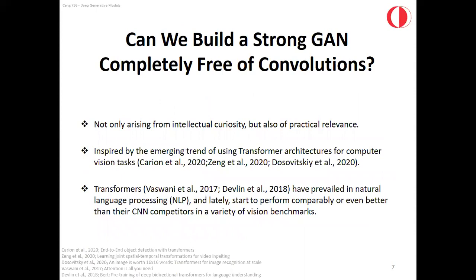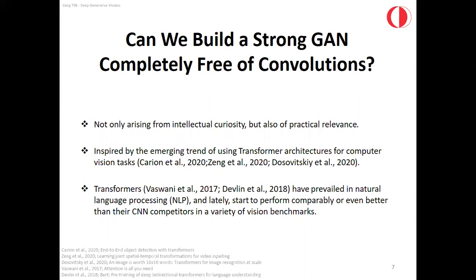That's why the authors ask a question: could we build a strong GAN completely free of convolutions, so that we will not use any convolutions anymore?